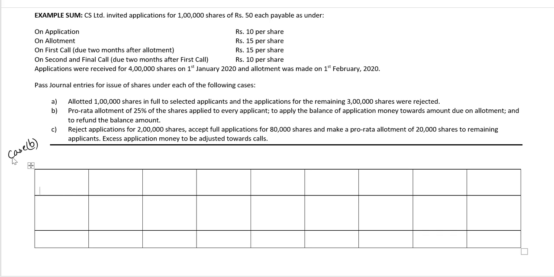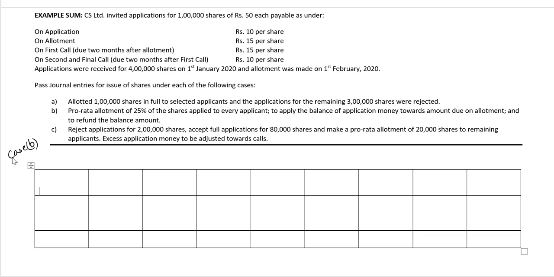Case B says pro rata allotment of 25% of the shares applied to every applicant and to apply the balance of application money towards the amount due on allotment and refund the balance amount. So this is partial allotment or pro rata allotment.